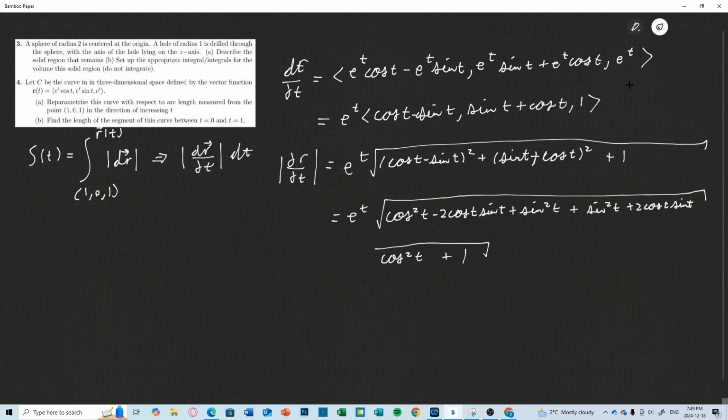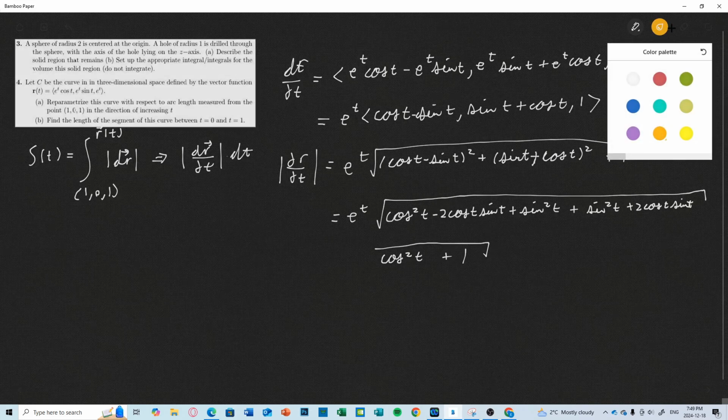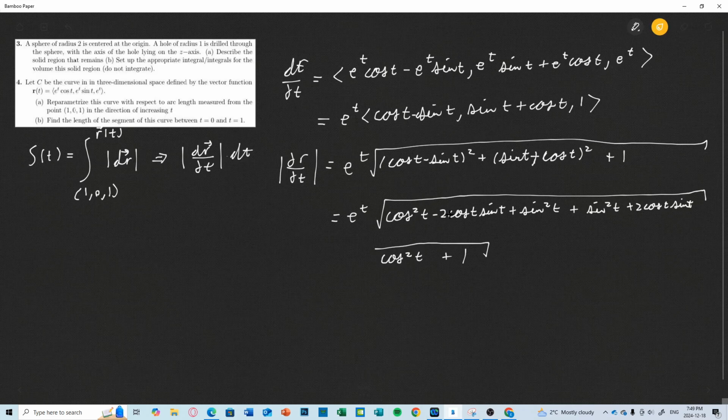And if you notice, we're going to cancel a lot of terms here. So first things first, our negative 2 cos t sine t cancels with 2 cos t sine t, positive. And then we're just going to be left with cos squared t plus sine squared t. And if you notice, that will just become 1. And then again here, we'll have sine squared t plus cos squared t. So that just becomes 1 again. So after that long square root, we just get e to the t multiplied by root of 1 plus 1 plus 1, which is just root 3.